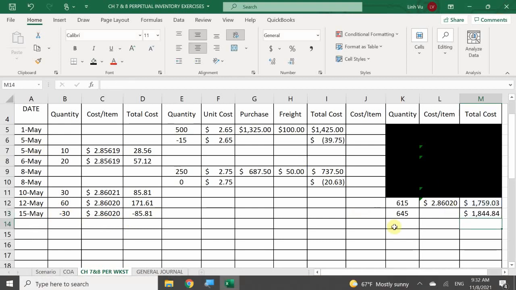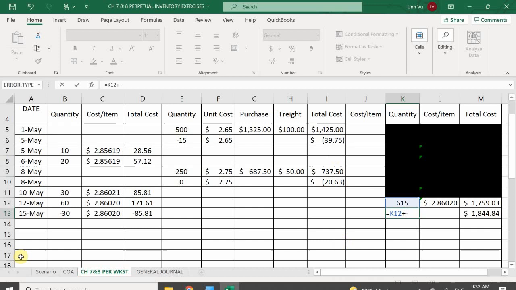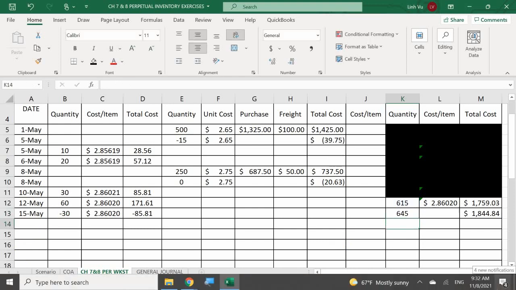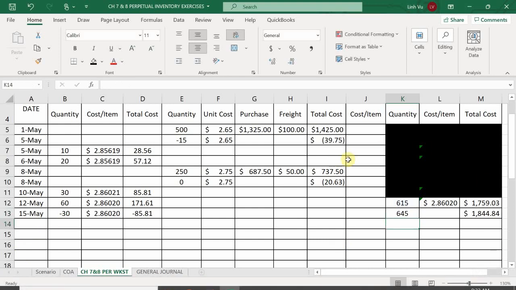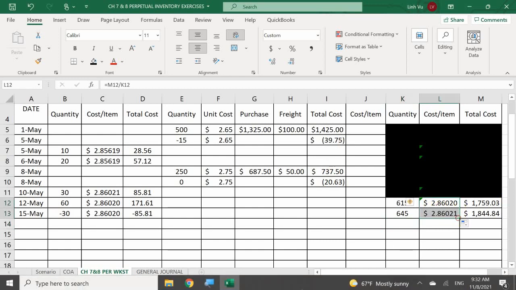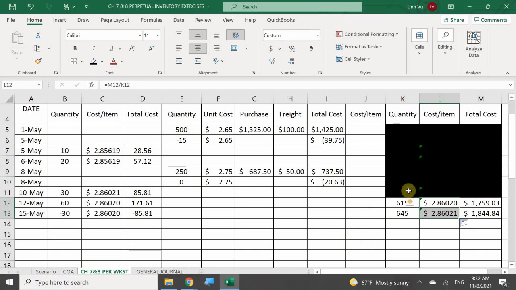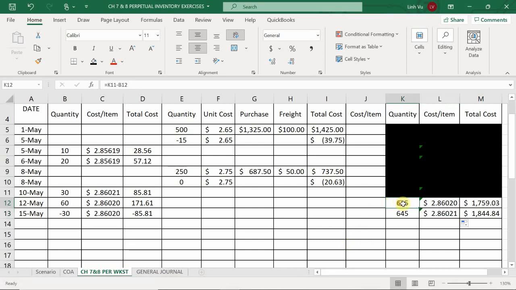Okay? If you want to look at it that way too, you could just add a negative 50 to turn it to 645. So therefore, my average cost per item is now roughly, it changed by 10,000th of a penny, right? It increased. Okay. So that's how much we have to put back into the cost of goods sold and how much we have to put in the inventory.